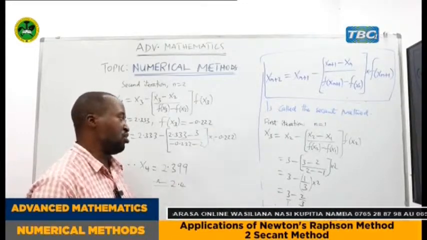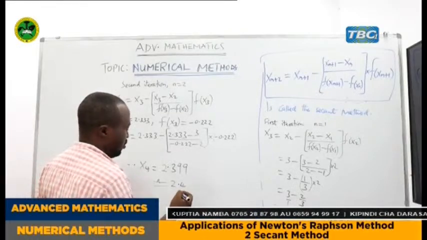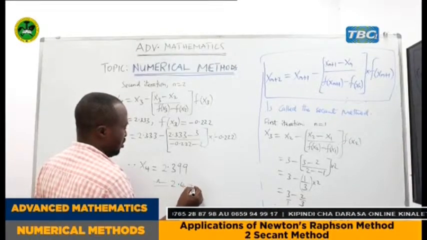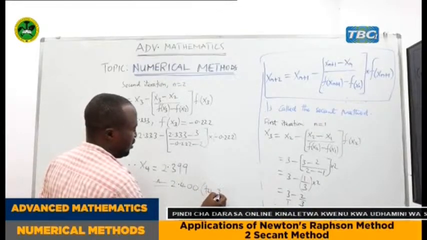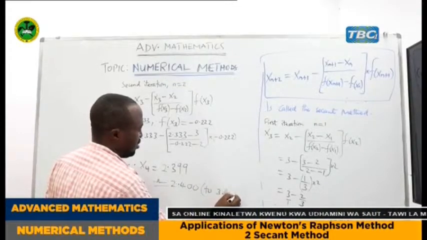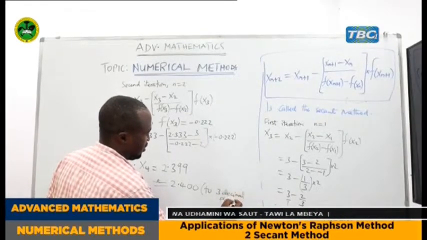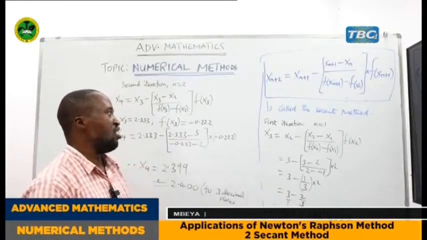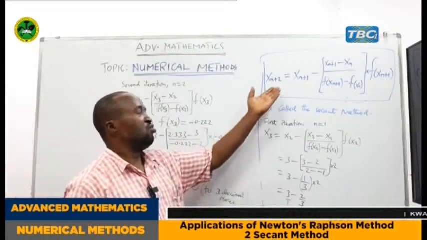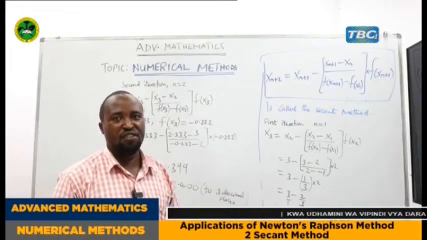We can add 2 zeros to maintain the number of decimal places, so it will be 2.400, that is 3 decimal places. Now that is how to use our general formula, which is called the second method.